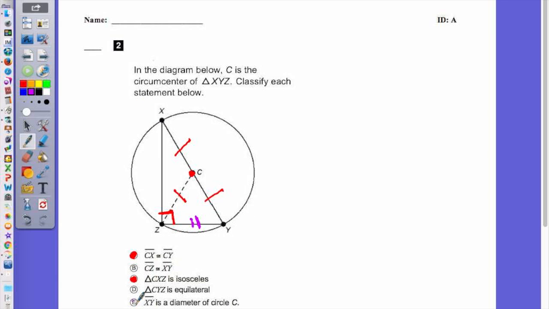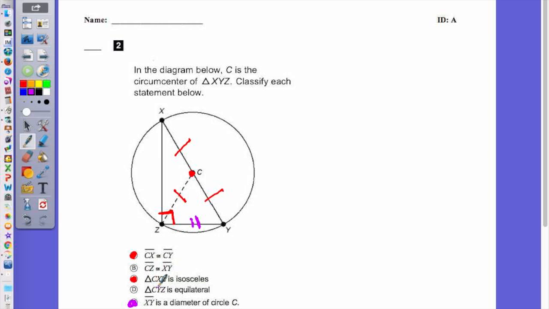XY is the diameter of circle C. And we can prove that because this angle here has to be a right angle. And then when a right angle is inscribed in a circle, the hypotenuse is the diameter.